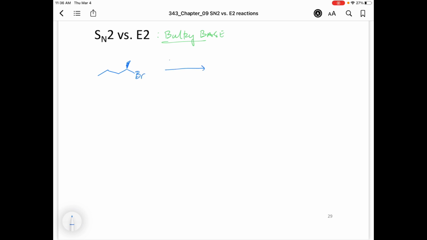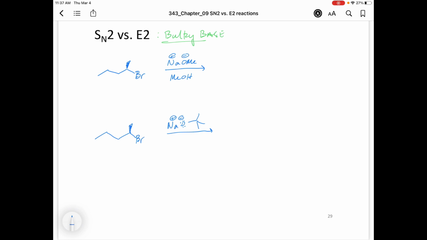We're going to compare the regioselectivity if we use sodium methoxide and methanol as our solvent versus the same starting material using that bulky base, that's sodium tert-butoxide. Remember that sodium gets a positive charge and our oxygen here gets that negative charge.